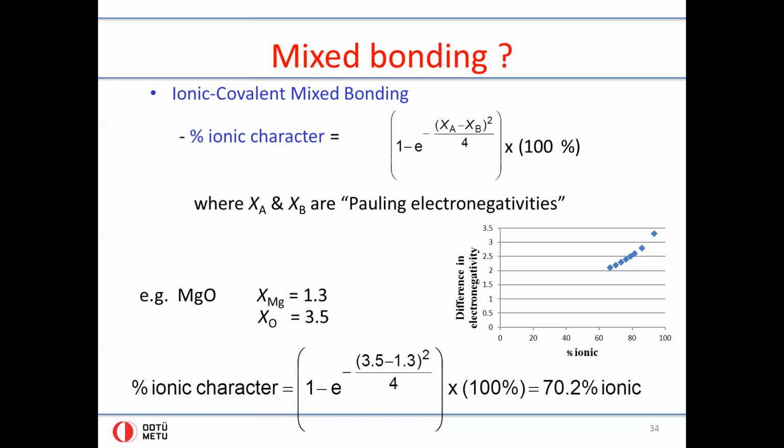It doesn't have to be one or the other. Nature is a little more complex than that. But this still does not change the situation that the type of bond that you have determines the type of behavior that you can expect from this material. So when I know that magnesium oxide is formed by magnesium and oxygen, and they're on different sides of the periodic table, I immediately know that this is an ionically bonded material, mostly.